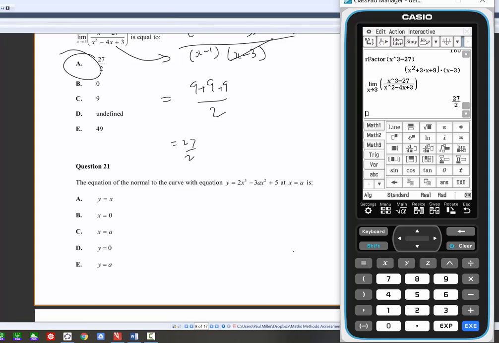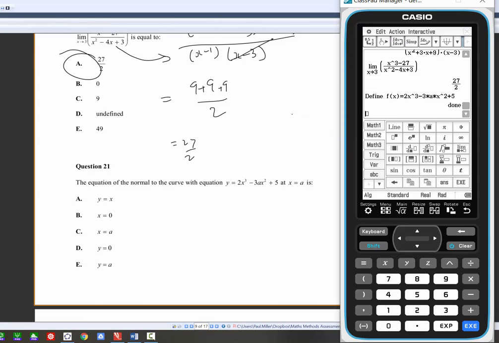Okay, the equation of the normal to the curve with the equation at x equals a. All right, let's define this. F of x equals 2x to the 3, take 3 times a times x squared plus 5.